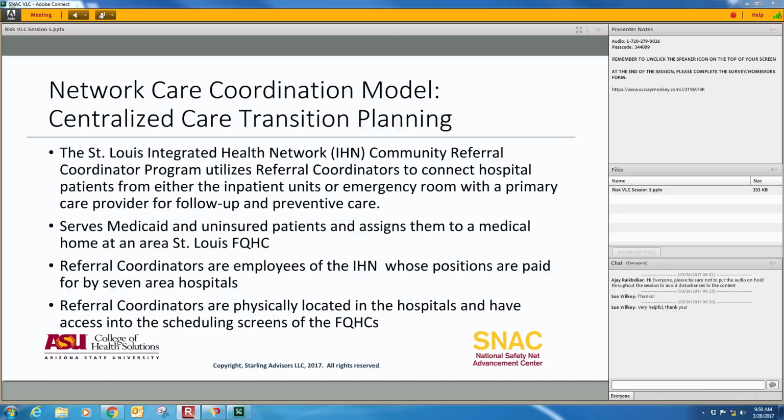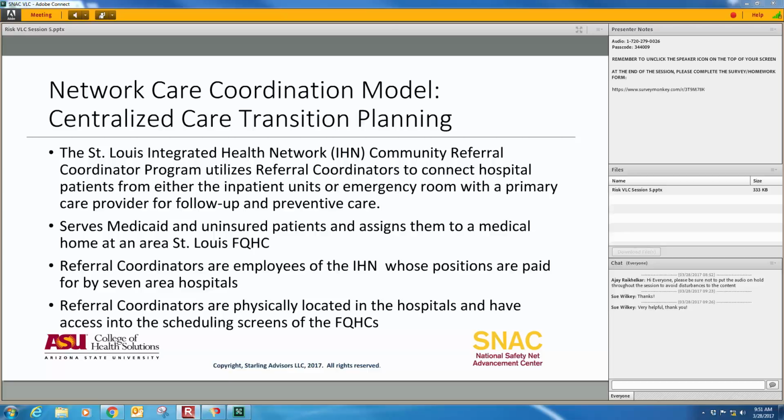The next one is a model that we work directly with, which is a network care coordination model with centralized care transition planning. In this particular model, you have an organization, the St. Louis Integrated Healthcare Network Community Referral Coordinator Program, that physically places referral coordinators within hospitals to set up coordination with patients upon discharge.